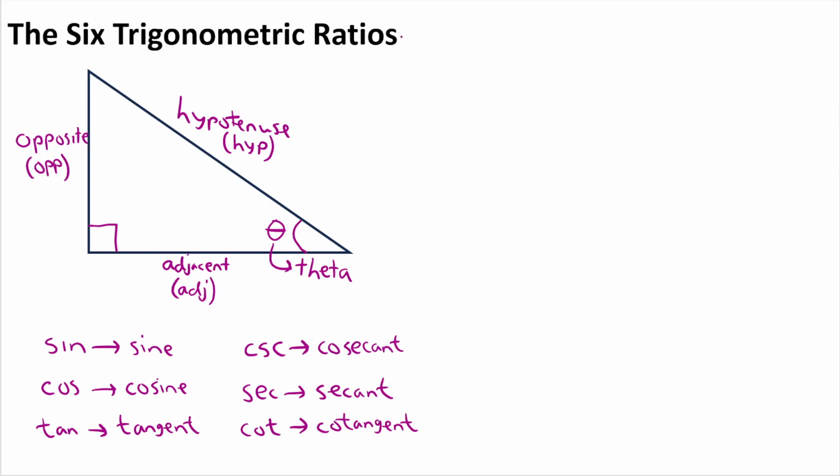The following ratios exist for all 6 trig ratios in a right triangle given the angle theta in that position. So here, it would be sine. I know you would be tempted to say sin. Sine of theta, as I'm writing it, is equal to opposite over hypotenuse.